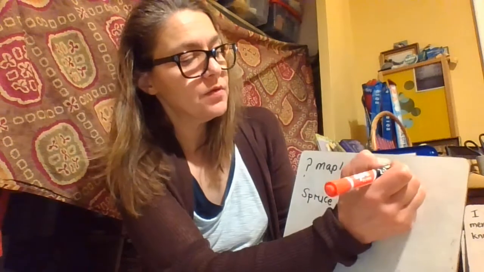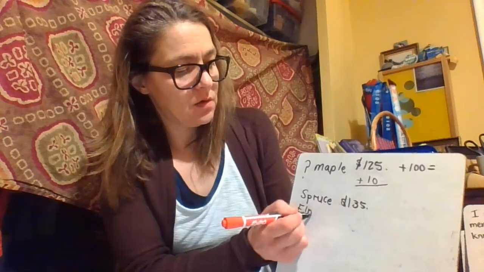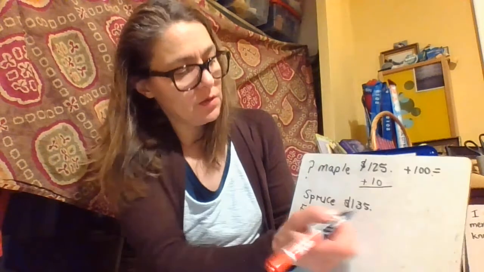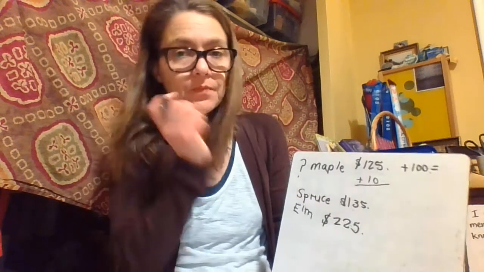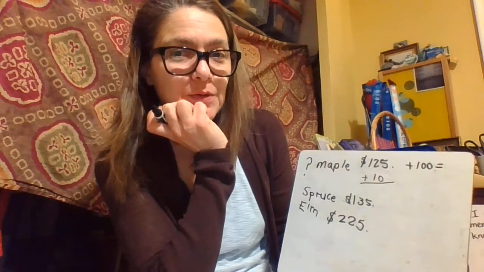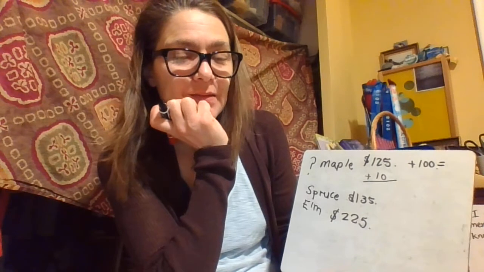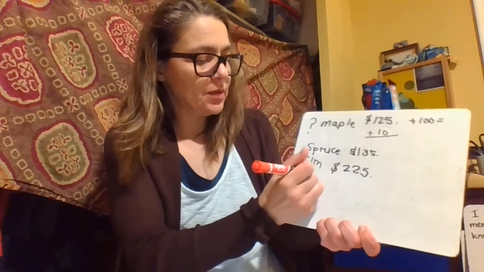So we already know that the maple's 125, so we're going to add 100 to this, and we're going to get the cost of the elm tree. 125 plus 100 equals $225. Okay, and that's how you would do that, right? And when you're going to explain your thinking, you would use place value to explain your thinking.